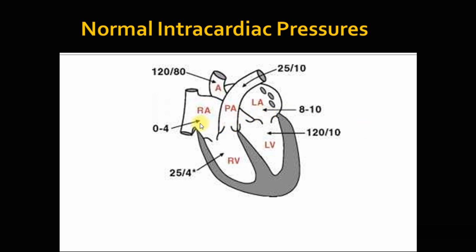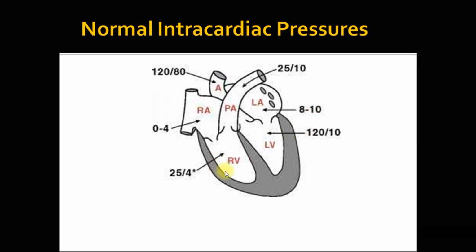The normal pressure in the right atrium is about 0 to 4 or 5 millimeter mercury. The normal right ventricular systolic pressure is about 25 millimeter mercury, and the normal pulmonary artery systolic pressure is also about 25 millimeter mercury.